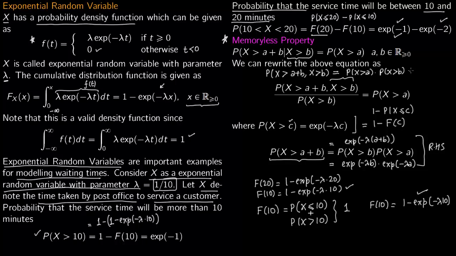So this is what we had to show, and this is equal to probability that x is greater than a plus b. So this conditioning does not matter, and that is the story of the memoryless property. So basically how long the waiting time will be in the future will be independent of what the waiting time has been in the past.